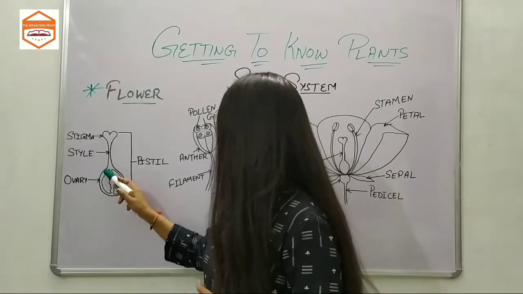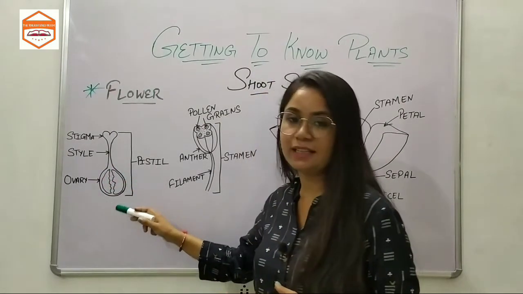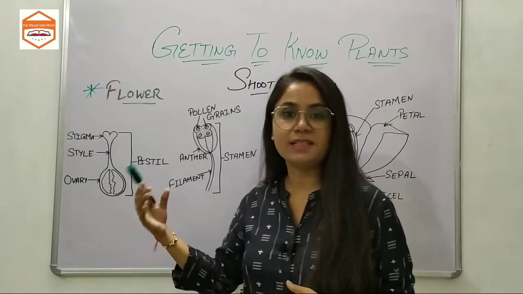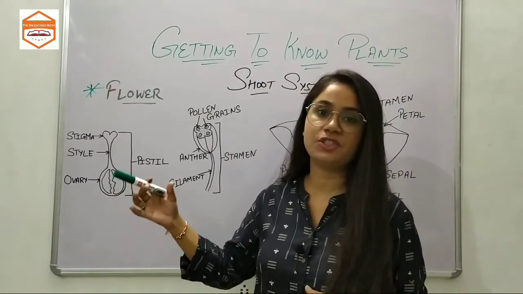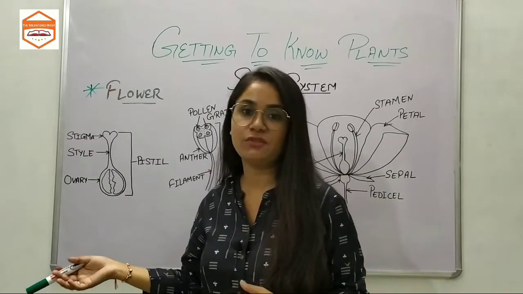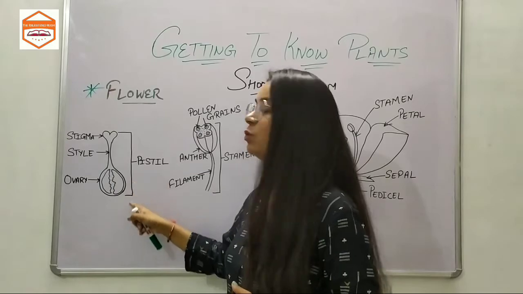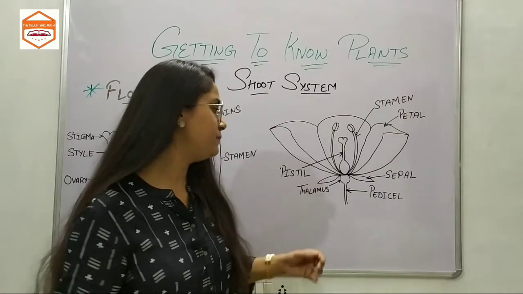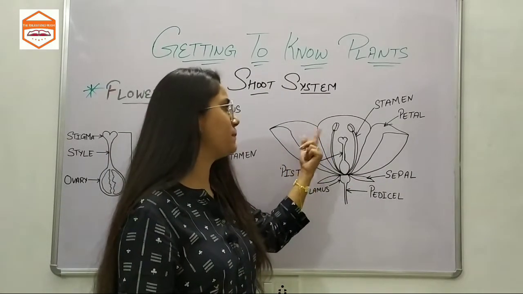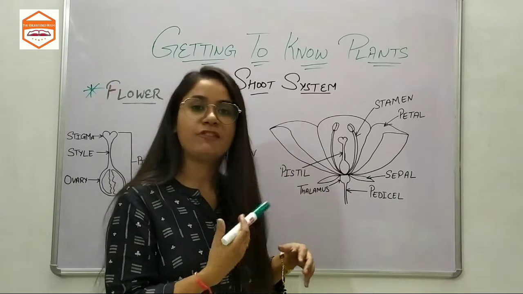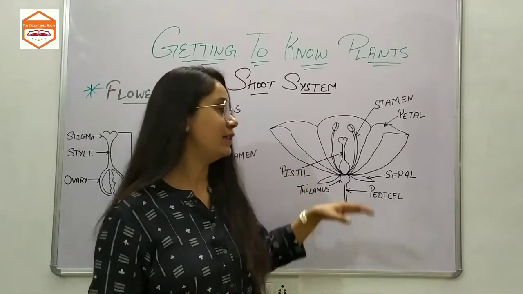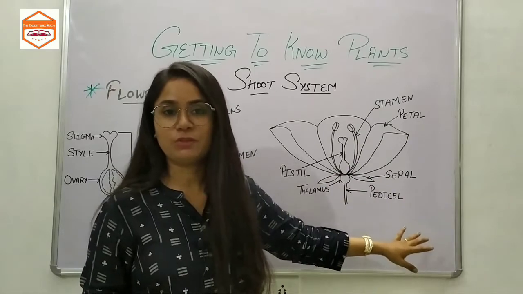The ovules present inside the ovary become the seeds after fertilization, and the complete ovary becomes the fruit, and the other parts of the flower, these sepals and petals, dry up and fall down.